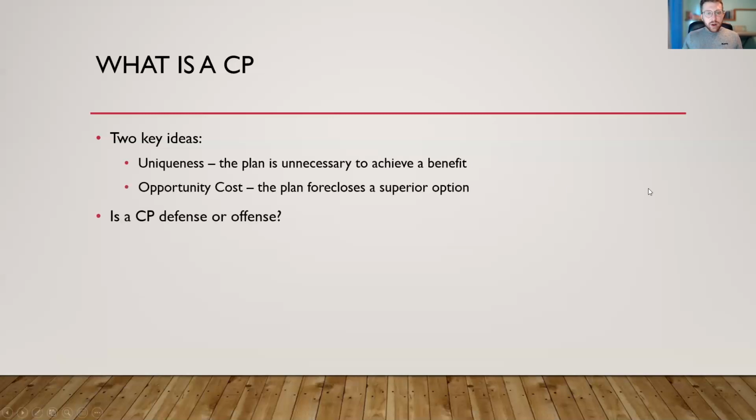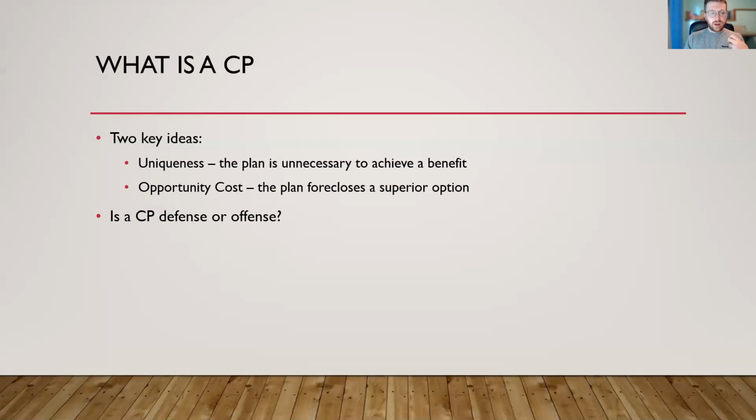And the reason that matters is because you all were mentioning this idea that the counterplan is defense or the counterplan is an opportunity cost, right? And I think it's important to be super clear about this issue because one of these versions of a counterplan is defense and the other version of the counterplan is offense.